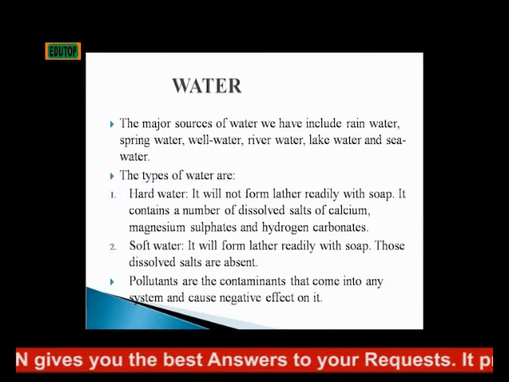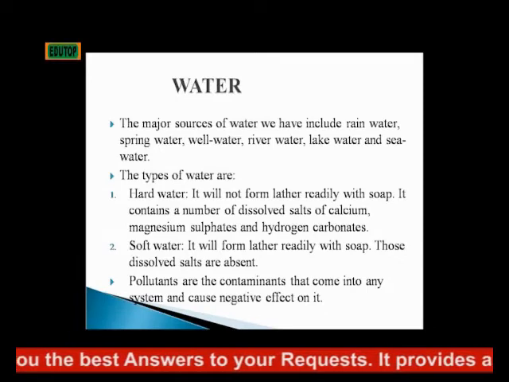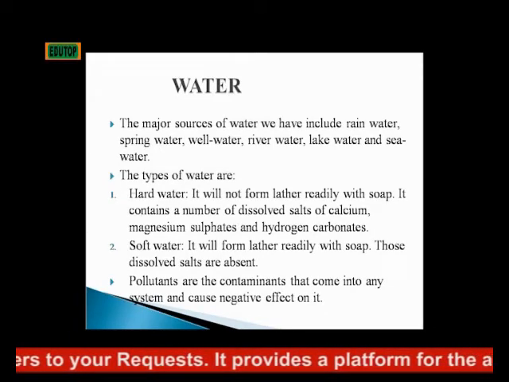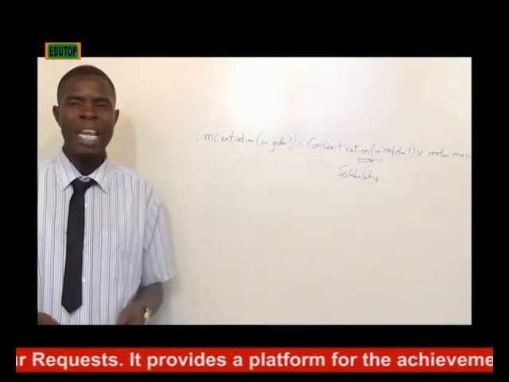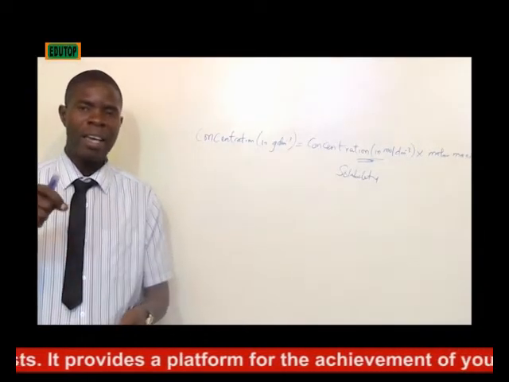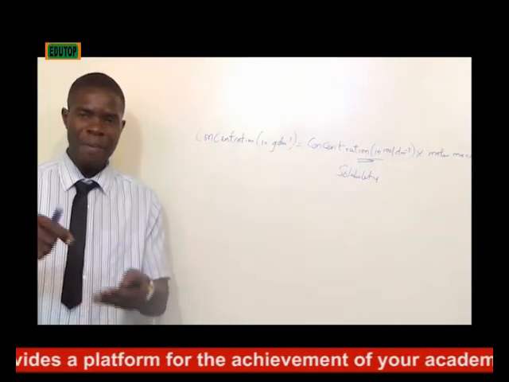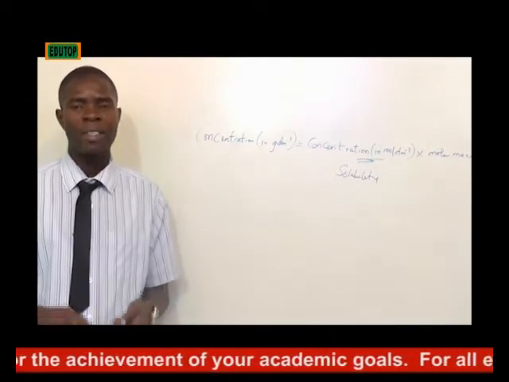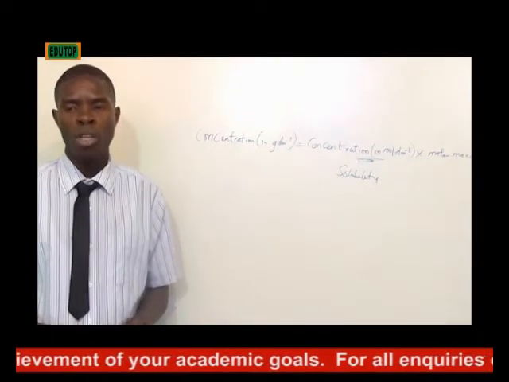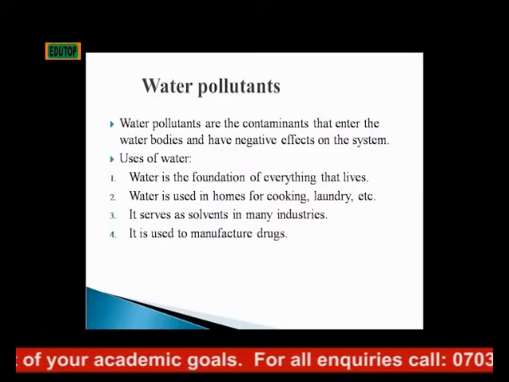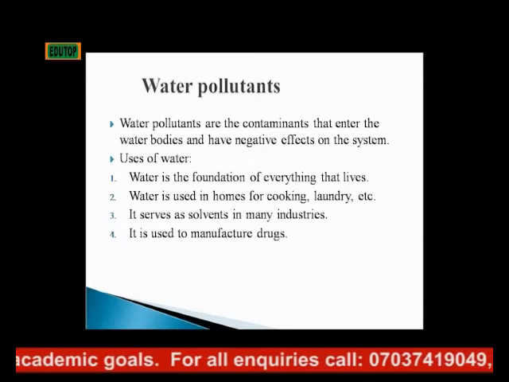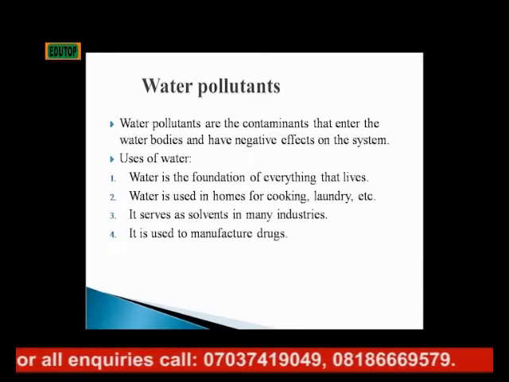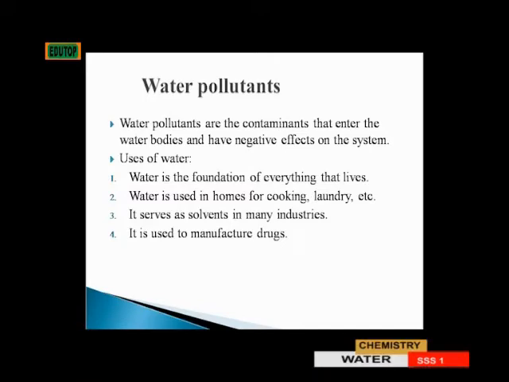Pollutants are the contaminants that come into any system and cause negative effect on it. Water pollutants are the contaminants that enter the water bodies and have negative effect on the system.